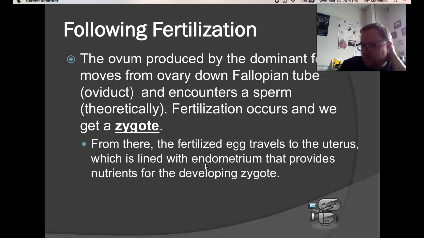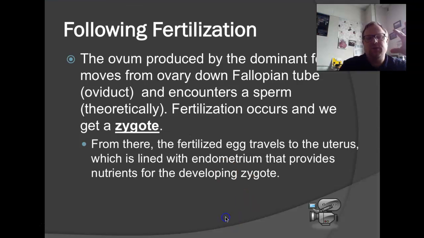So that's the general gist of the female reproductive system, the structures associated with it, and the process of oogenesis in general. What I'm going to get you to do now is make sure, just like with the male reproductive system, you're understanding how those structures support the functions of the system.